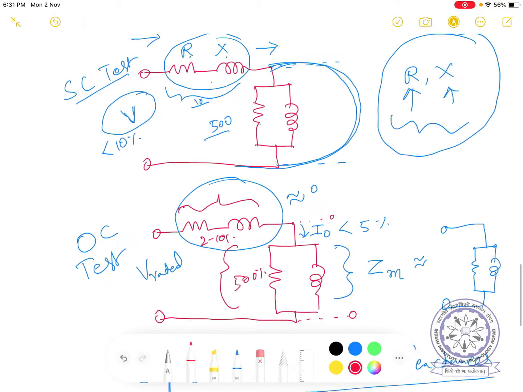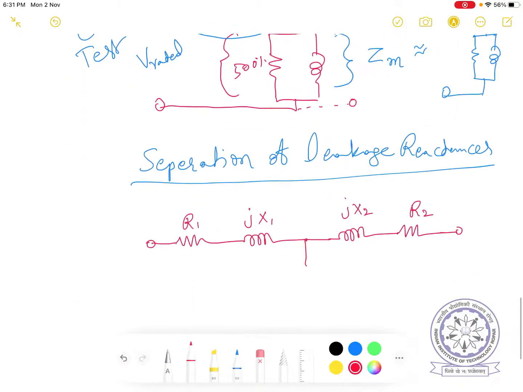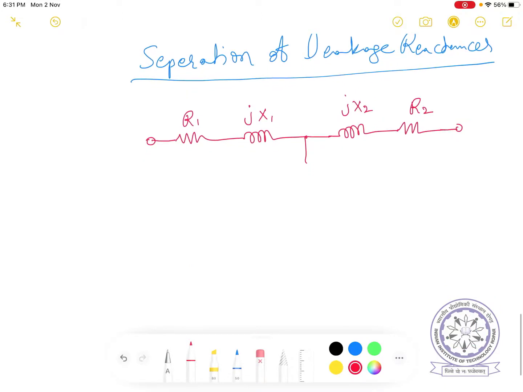Even though J is not written here, it has to be taken like that when you represent it as an inductance, inductive reactance. This is R0 or RC, whatever. JX0, you may say. Sometimes RC and JXM. Until now we have followed that convention only.